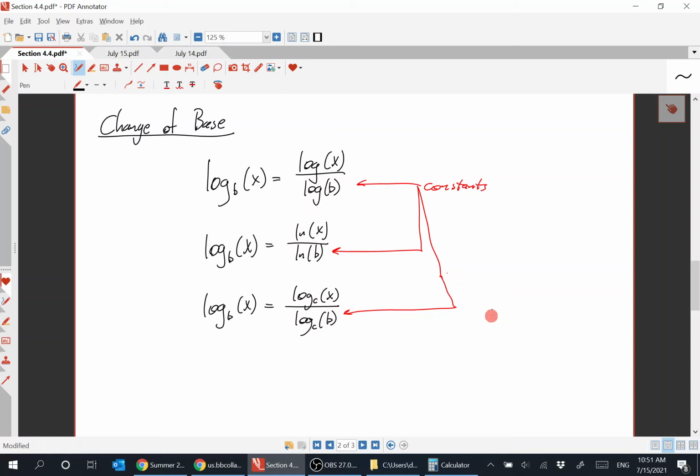So in this sense, all log functions are the same.